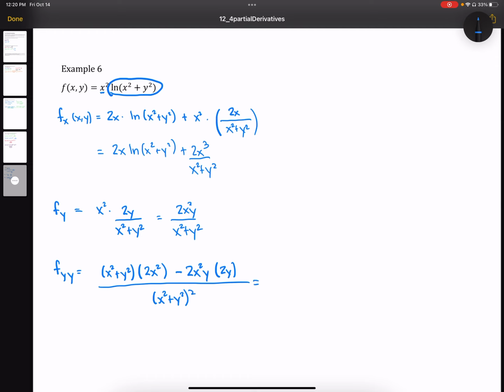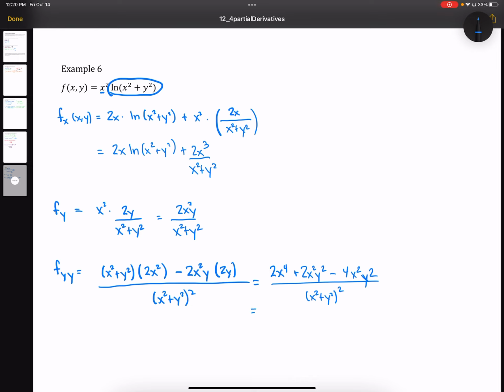So if we simplify this, that's going to give us 2x to the fourth plus 2x squared y squared minus 4x squared y squared, all divided by x squared plus y squared squared.